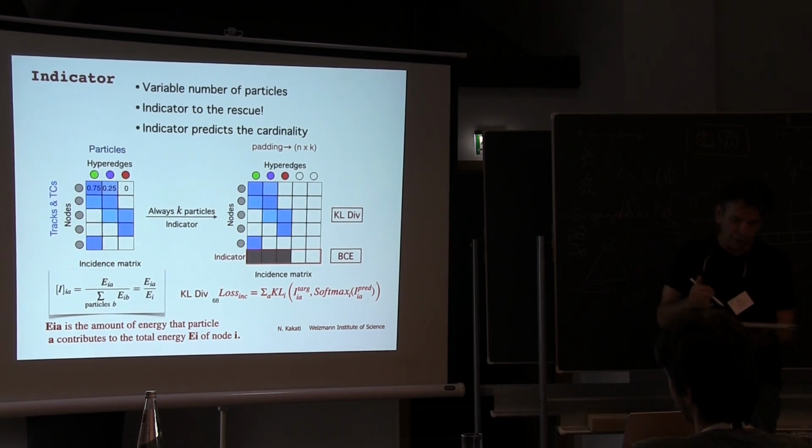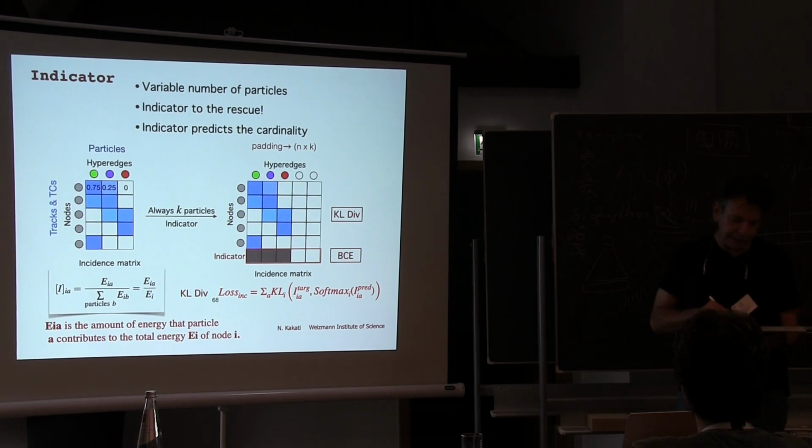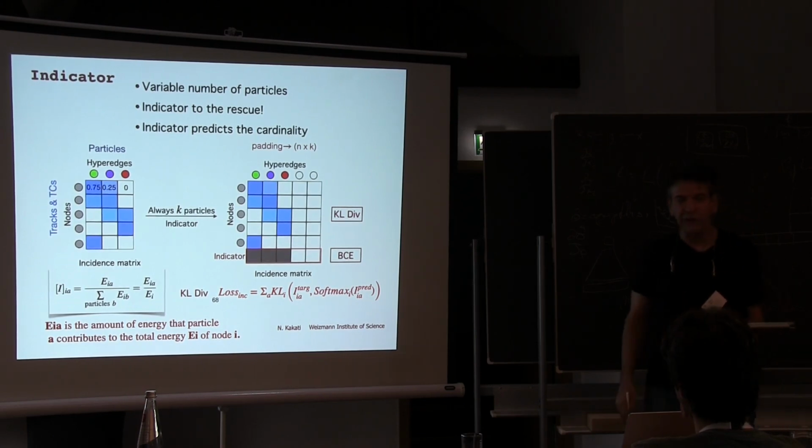So in order to learn this, the incidence loss will be done with the KL divergence between the distribution of the target cells of the topocluster and the predicted ones when I do the softmax, so it's all normalized to 1 as it should be.